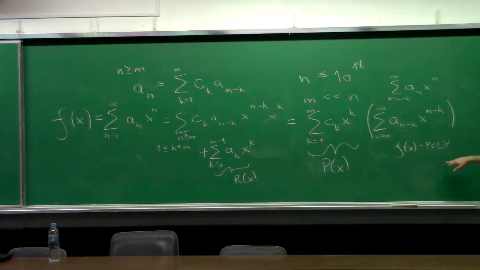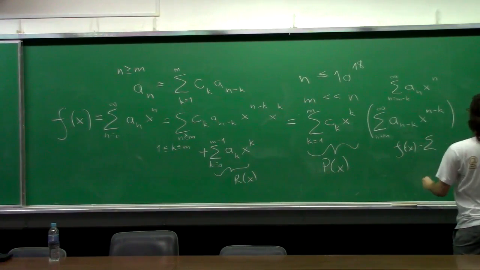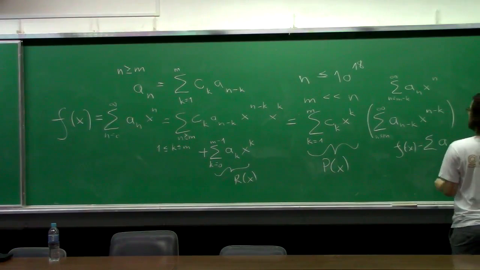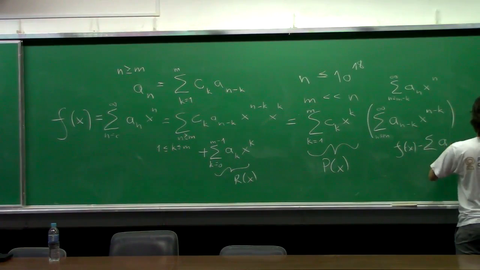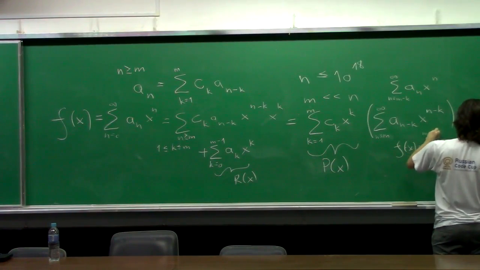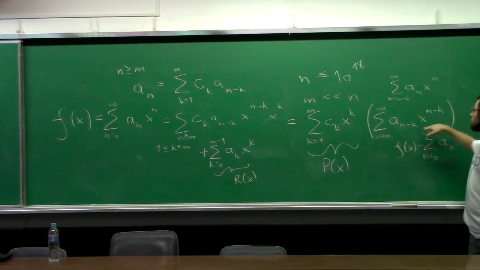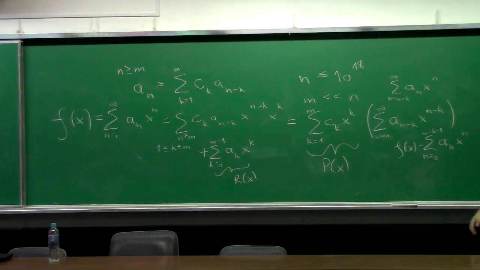So this is f(x) minus the sum of a_n x^n, where n goes from 0 to m minus k minus 1. Since f(x) is the whole sum from n equals 0 to infinity, this sum that goes from m minus k to infinity is f(x) minus this polynomial.